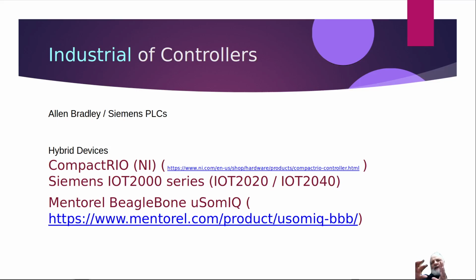But then it also runs an ARM processor, kind of like the Raspberry Pi, running a Linux operating system, or I think they also had another option that may or may not have been a real-time operating system, to do the background stuff that doesn't have to be guaranteed real time. And then there's this one here, the USOM IQ, which was built on top of the BeagleBone.